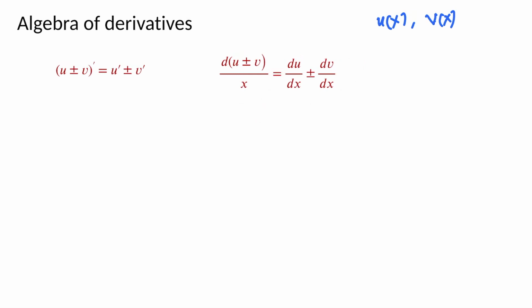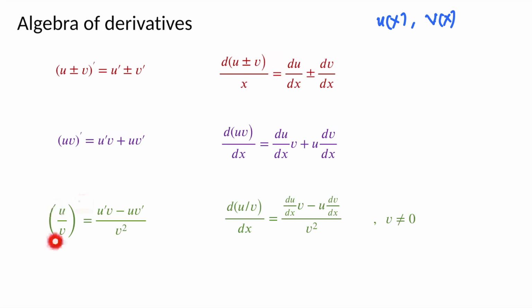Similarly, what would be the derivative of the product of 2 functions? Well, that is u prime times v plus u times v prime, and we can express that in terms of d by dx here. This is the derivative of the quotient of 2 functions, u by v, and of course, we already know that this would hold when v is not 0. So, wherever you have a denominator, you must always specify this condition, otherwise the function is not defined. And this has a slightly complicated formula.